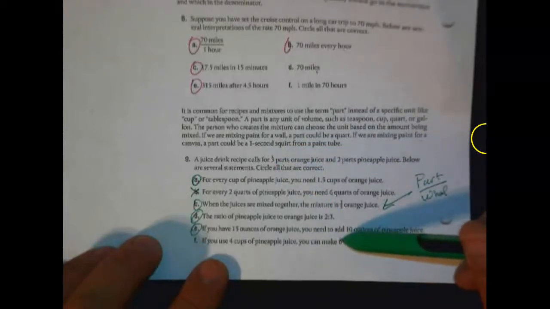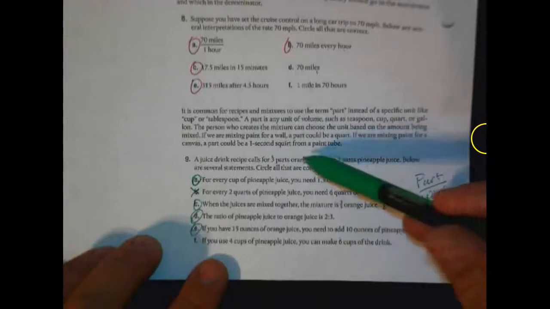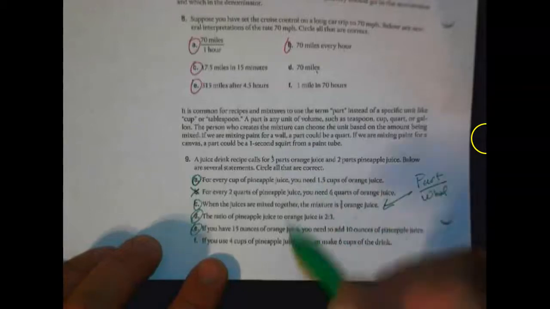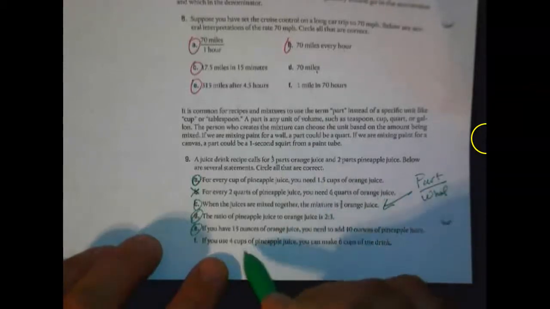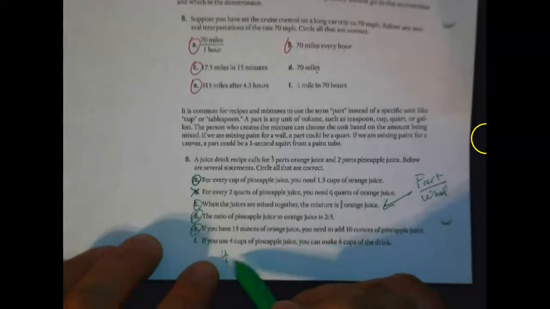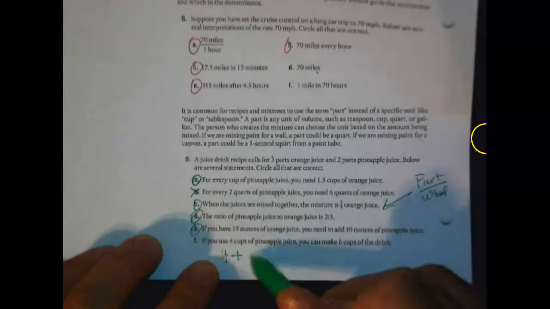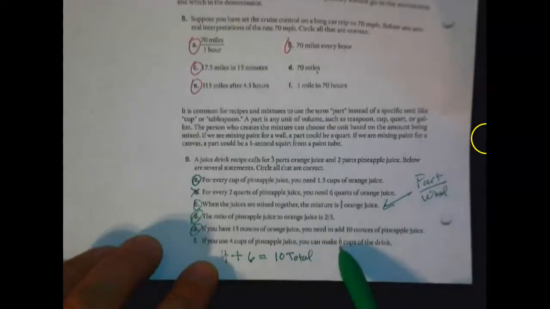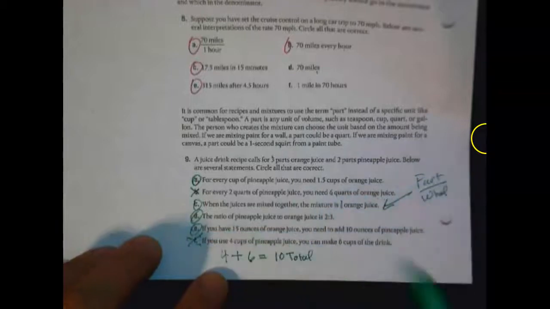But be careful, they're not asking for how much orange juice, they're asking for total. 4 cups of pineapple juice I'm going to mix with, multiply by 2, 6 parts of orange to get 10 parts of total. Not 6. 6 is the amount of orange juice, not total. So this is incorrect. Again, you have to watch the wording.